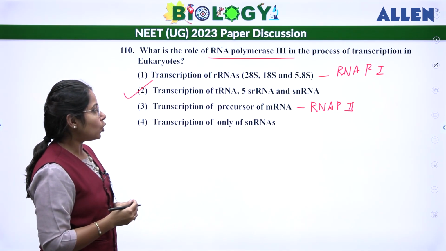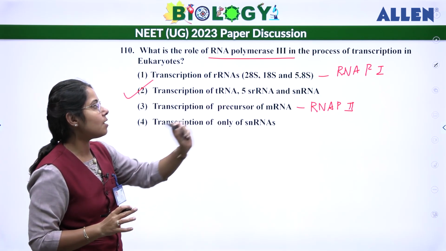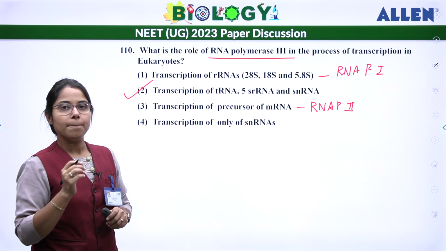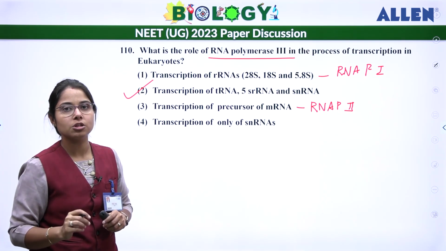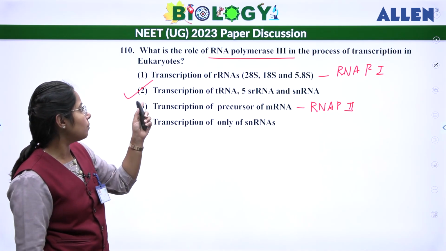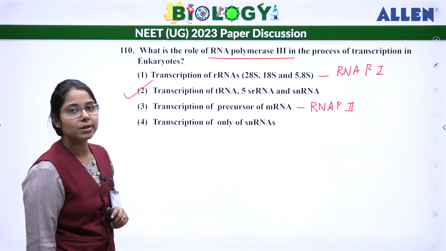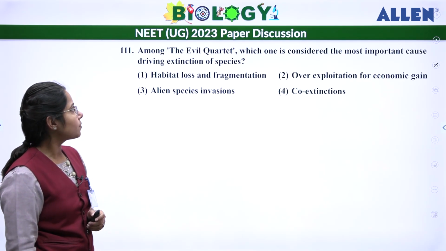So not only snRNA, tRNA as well as 5S rRNA is also transcribed by RNA polymerase 3. So the correct answer will be option 2, transcription of tRNA, 5S rRNA as well as snRNA. Let's move to the next question.